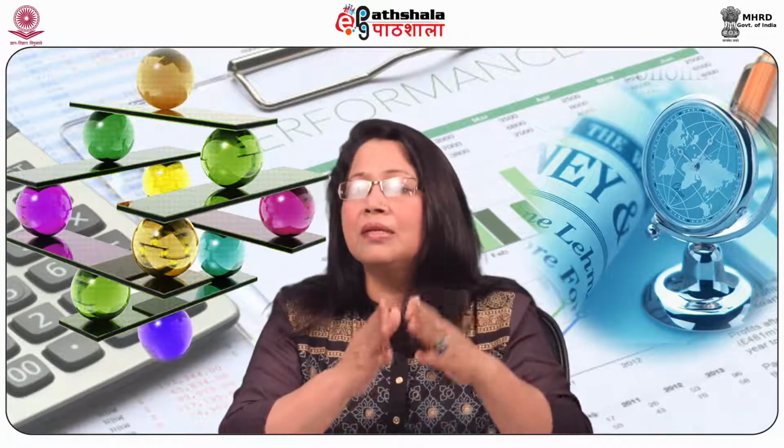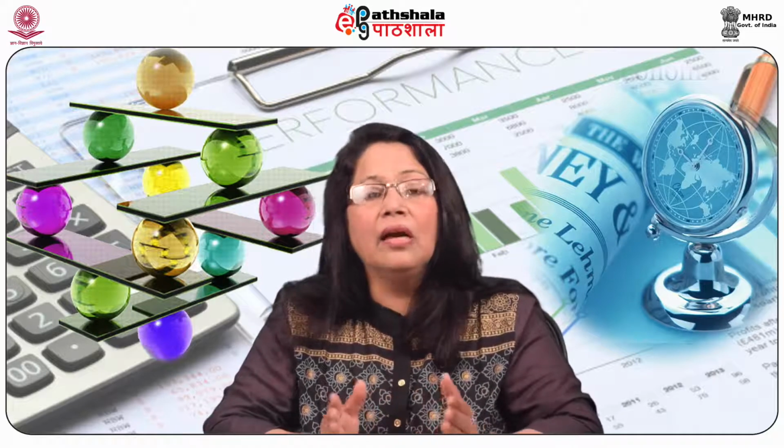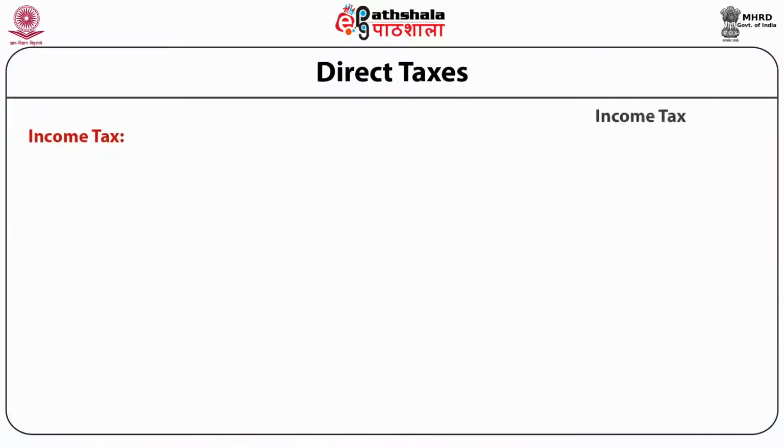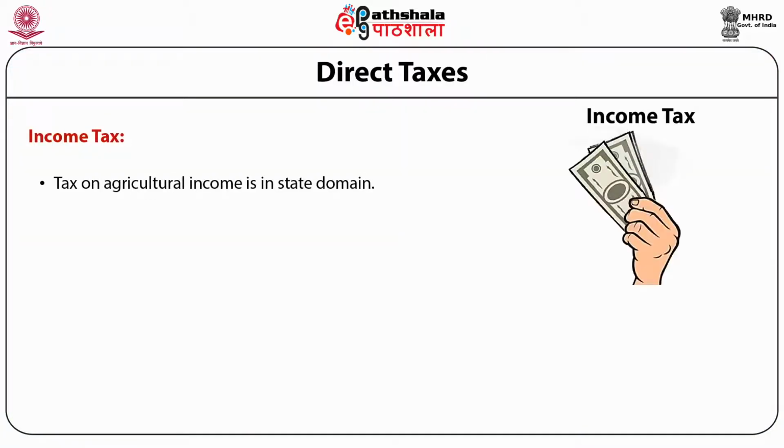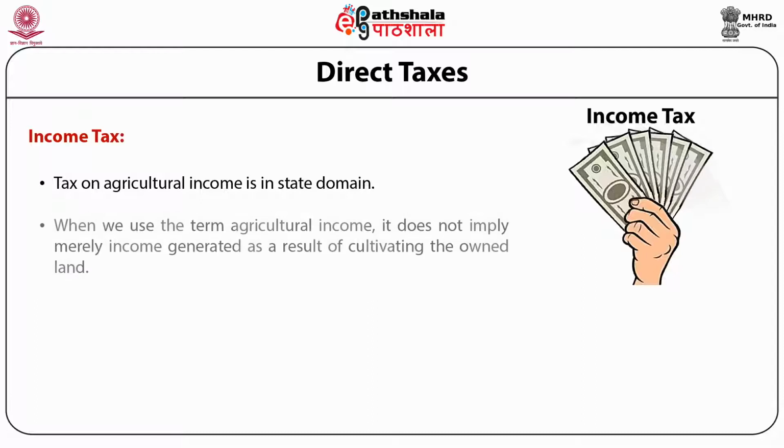The income tax is a progressive tax in the Indian context, and alternate tax slabs are presented in the annual budget by the finance minister. Tax on agricultural income is in the state domain. When we use the term agricultural income, it doesn't imply merely income generated as a result of cultivating the owned land.